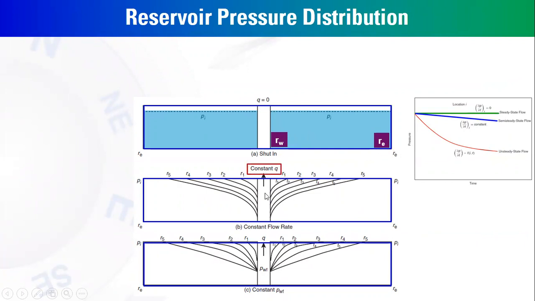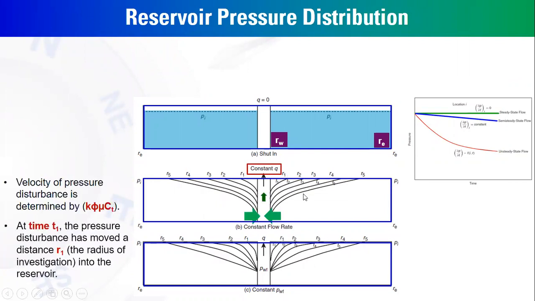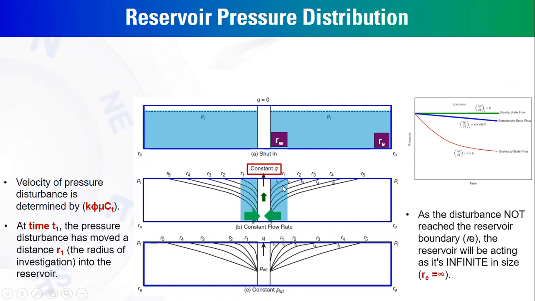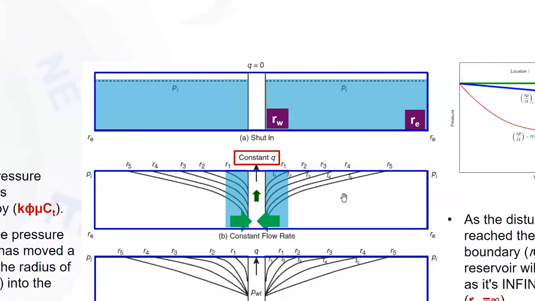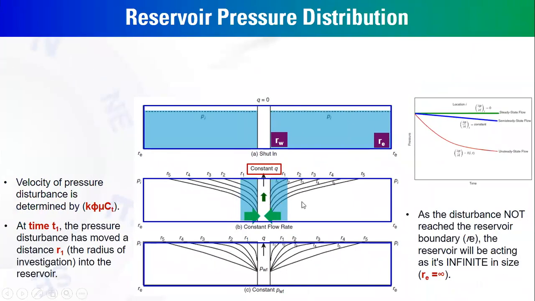Once this well is put on production at a constant flow rate, like in this example, it will generate a specific pressure transient. This pressure transient, as you can see, will move in the reservoir at a specific velocity or rate based on the reservoir rock and fluid properties k, phi, mu, ct, which means reservoir permeability, porosity, fluid viscosity, and ct, or total compressibility.